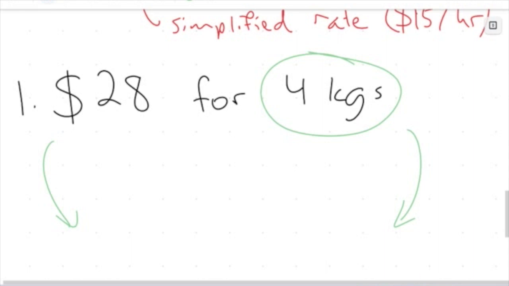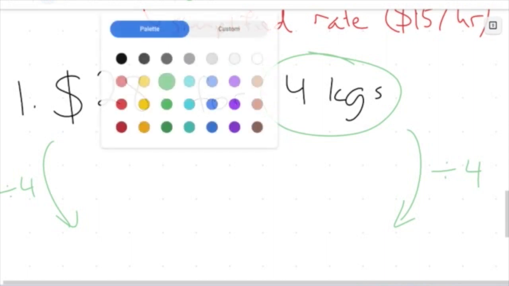How can I do this? Well, we can think, how can I get from 4 to 1? Well, I can divide by 4. We're using the unitary method here again, guys. So I'm dividing both of these by 4 to find out what I'm paying for 1 kilogram.